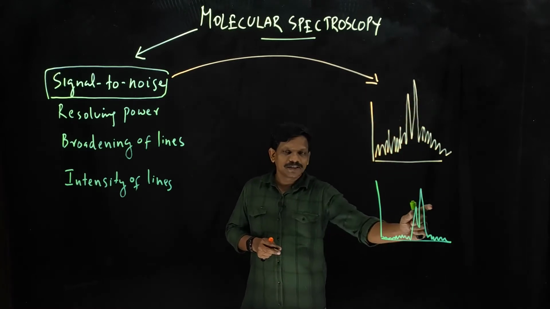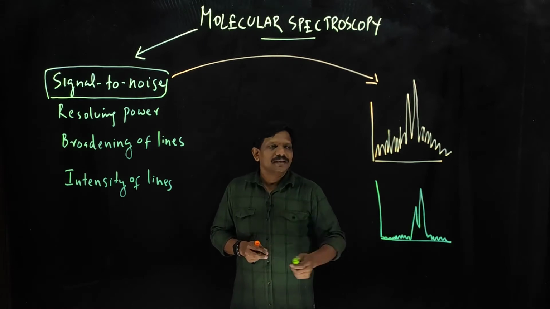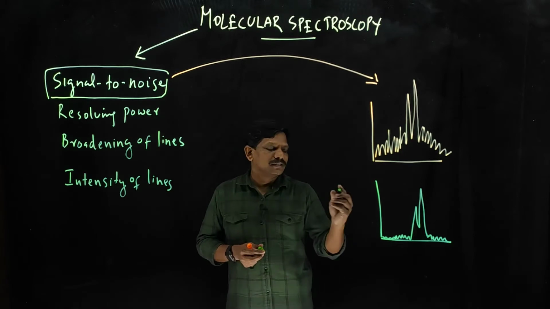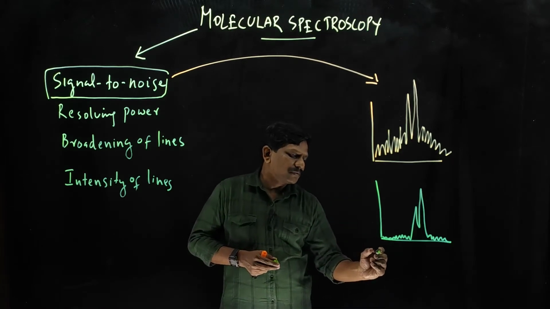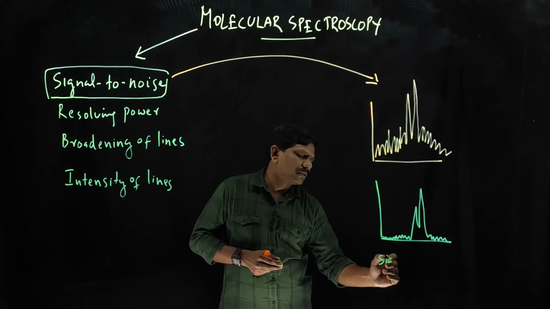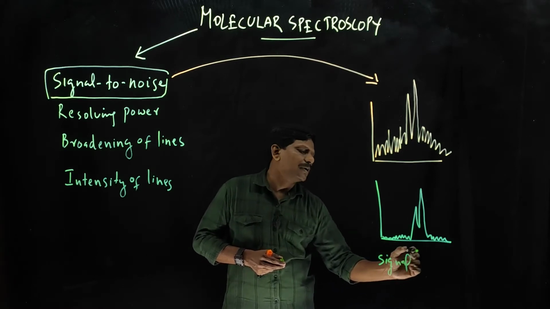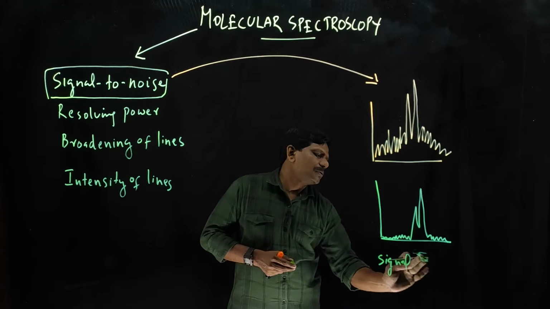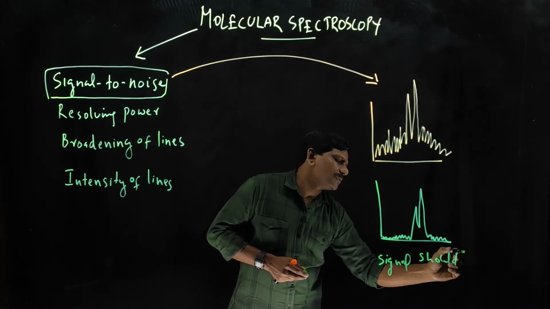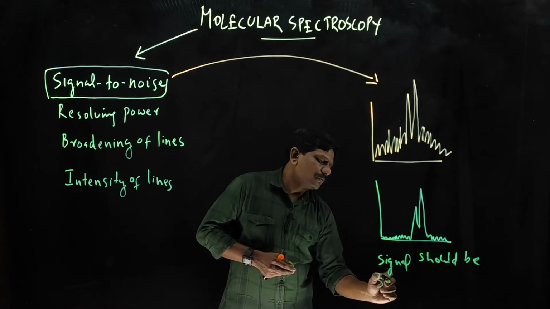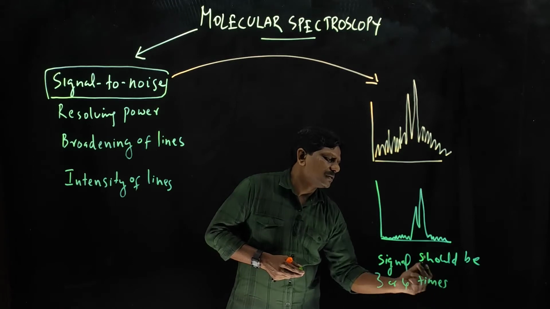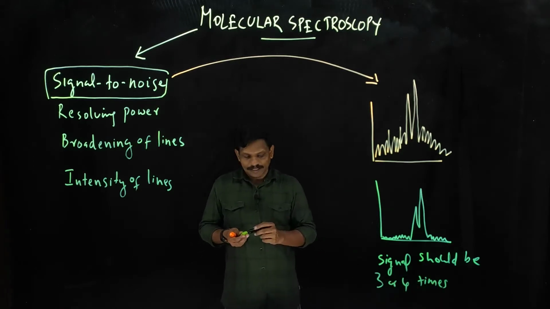So you are expecting this type of spectrum, and normally the sample signal should be 3 or 4 times greater than the noise.